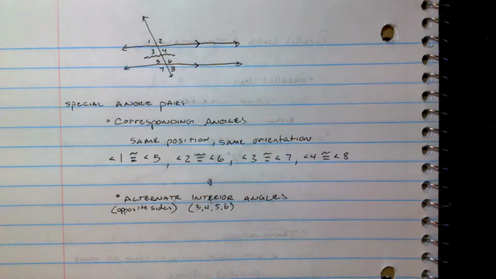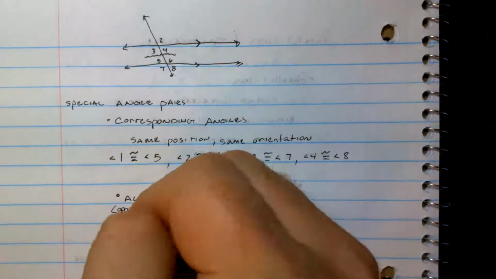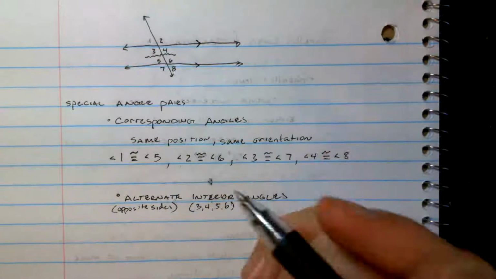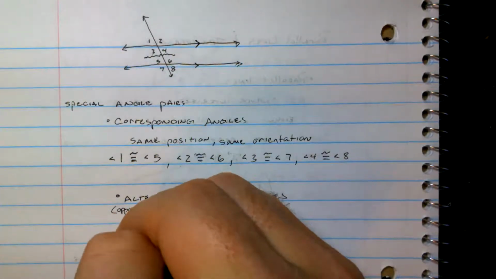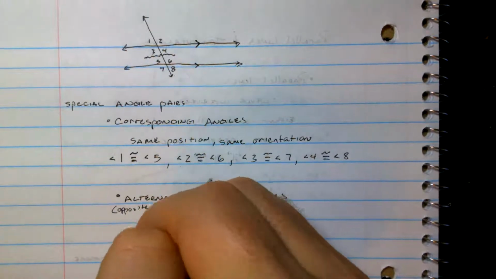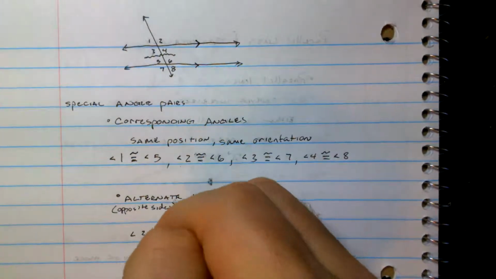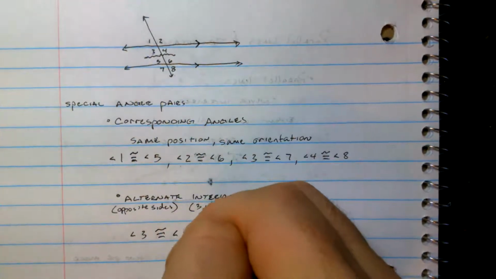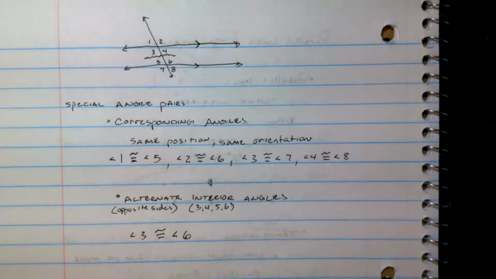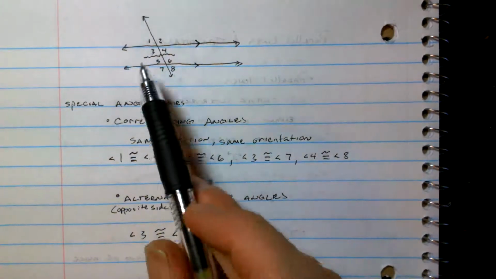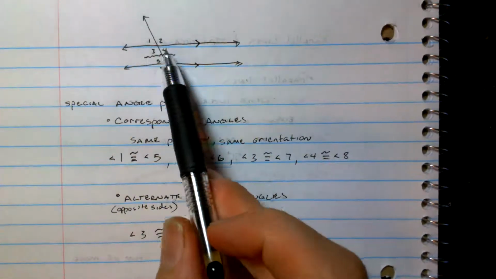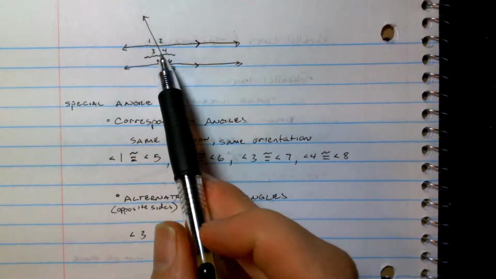So alternate interior angles are congruent as well. Okay. So we have angle 3 is congruent to angle 6. If you look at those 2 angles, they are both on the inside here. That's what the interior means, inside.